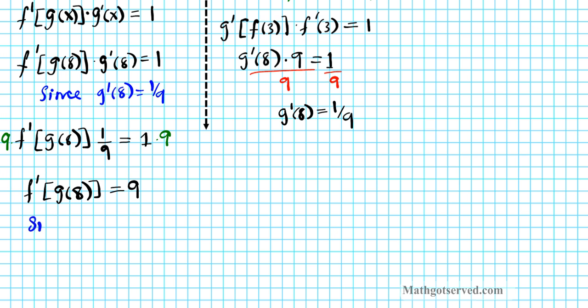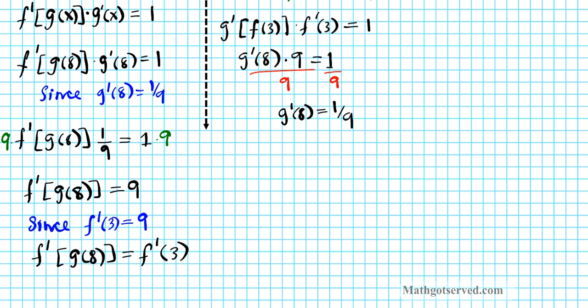Since f prime of 3 is equal to 9, then f prime of g of 8 has to be equal to f prime of 3.